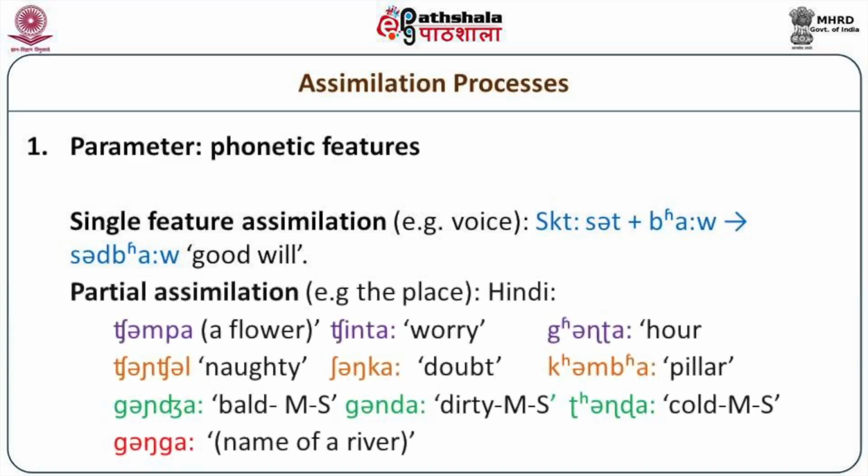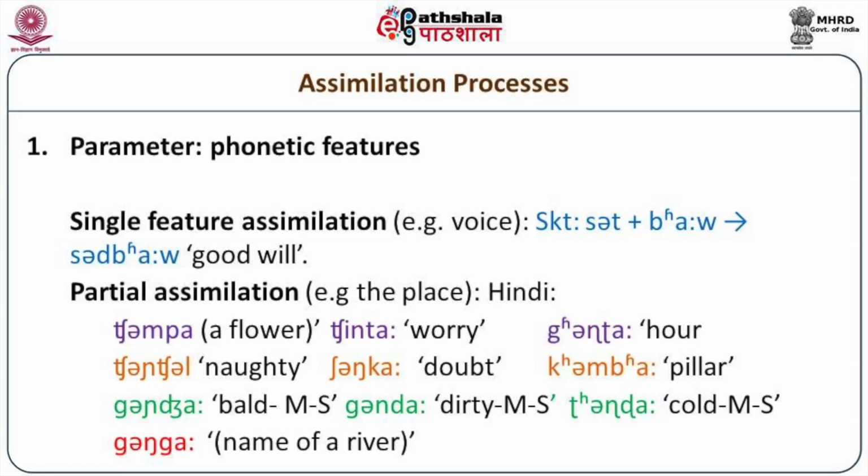The other is partial assimilation, which takes place when more than one feature is assimilated. For example, in Hindi, a nasal consonant takes the place features of a following plosive. So we have a bilabial nasal before a bilabial plosive, a dental nasal before a dental plosive, a retroflex nasal before a retroflex plosive, and so on.